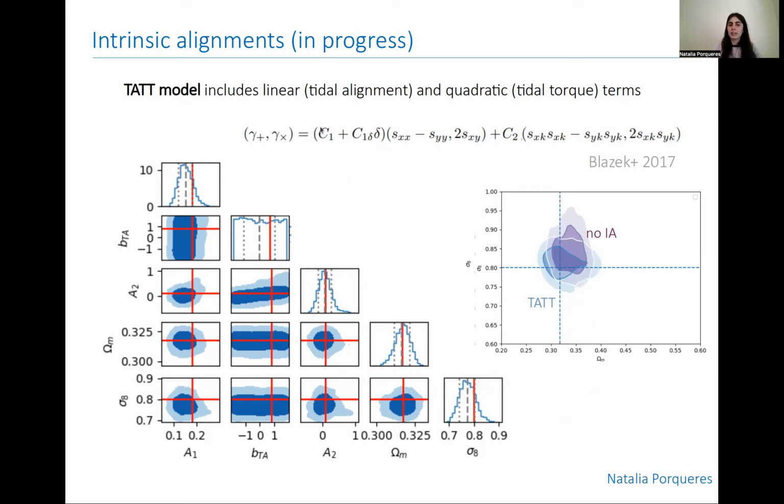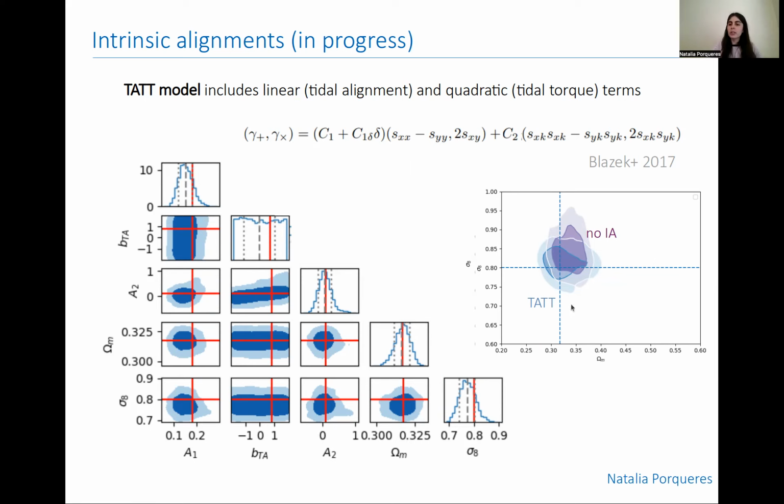They depend on the critical density of the universe and so on, and they have some parameters that we sample. So these are the 3 parameters that we sample. This is at the resolution of the proof of concept that I show. We are able to constrain A1 and A2. BTA, the one that is proportional to the density field, we don't seem to be able to constrain. We're just recovering the prior distribution here.